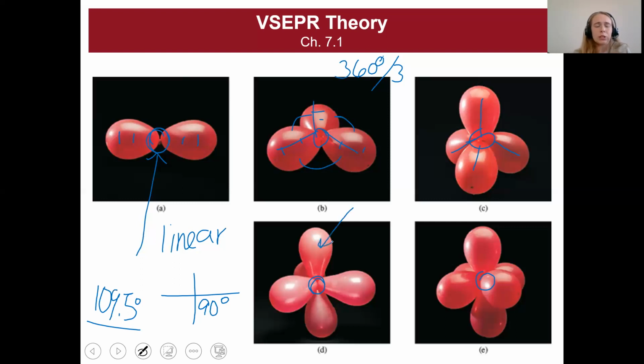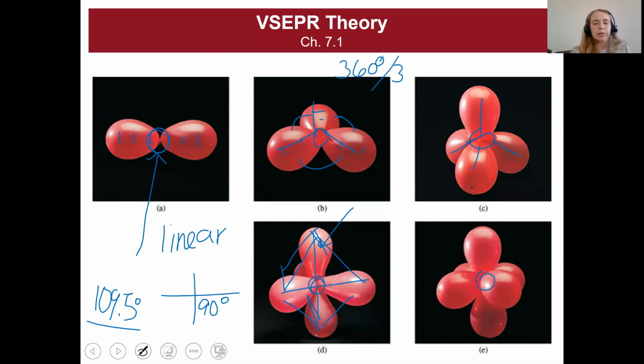This geometry is trigonal bipyramidal. If we drew pyramids, there's a little one in the back there, we could draw a trigonal pyramid. The pyramid has 3 sides, and we could draw that pyramid on top and bottom. That's why we call it a bipyramid or trigonal bipyramidal, because there's 2 pyramids, one on top and one on the bottom.